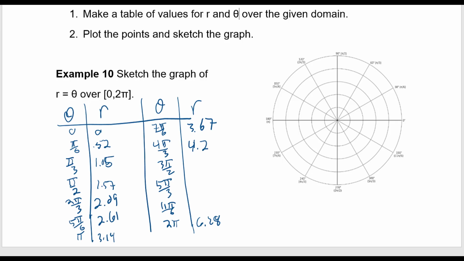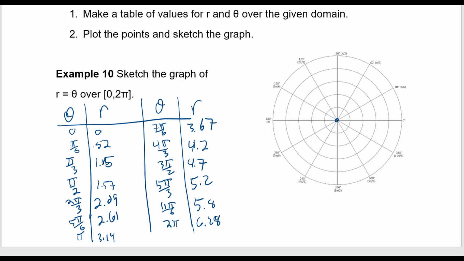And then 3 times the pi over 2, 4.7, and 5 times the pi over 3, getting 5.2, and then 11 times the pi over 6, and I'm getting 5.7. Let's say 5.8.